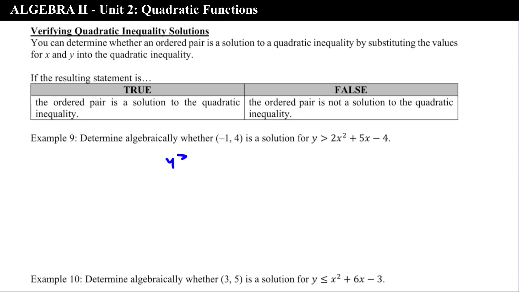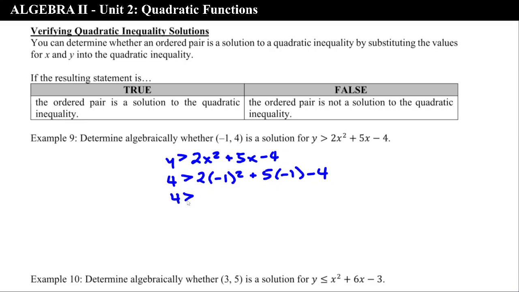So our inequality is y is greater than 2x squared plus 5x minus 4. We're going to take this ordered pair, our x and y, and we're just going to plug them in. So y is 4, x is -1, so we're plugging in -1 for x, and then we don't even have to touch the left-hand side. Let's just simplify the right-hand side and see what number we get.